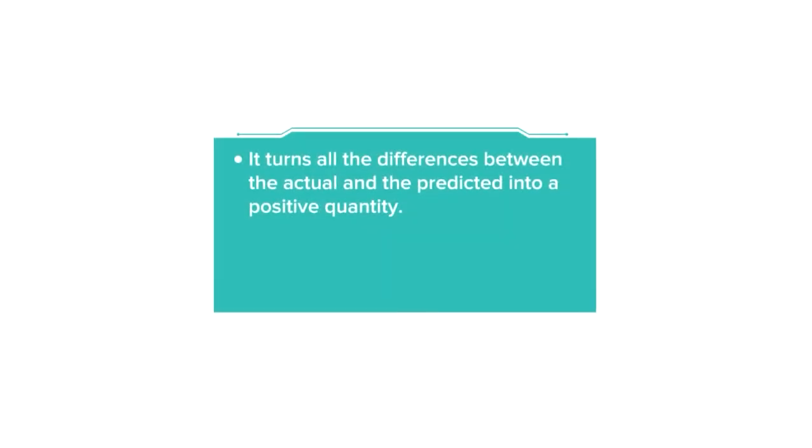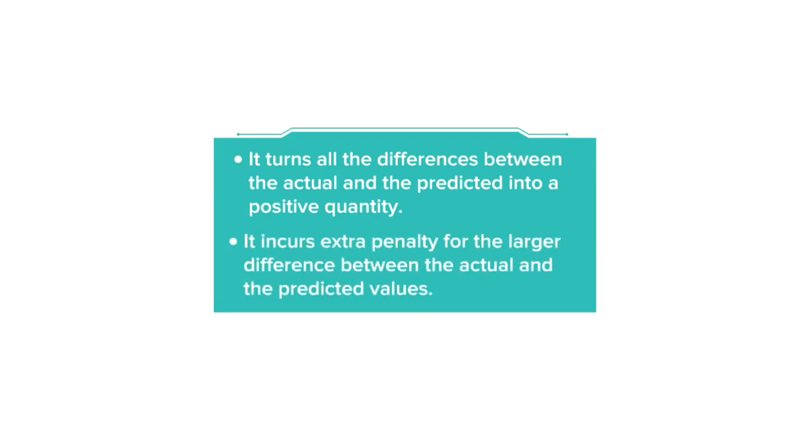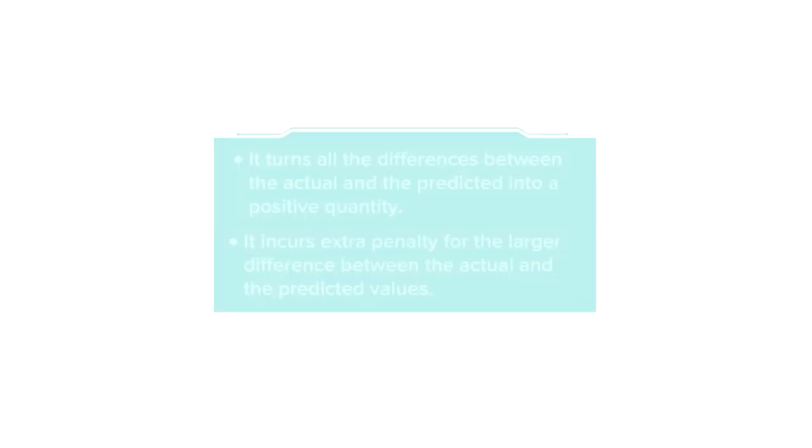It turns all the differences between the actual and the predicted into a positive quantity. Furthermore, it incurs extra penalty for the larger difference between the actual and the predicted values. Therefore, the error of the model explodes for the large difference between the actual and the predicted values when measured as MSE.